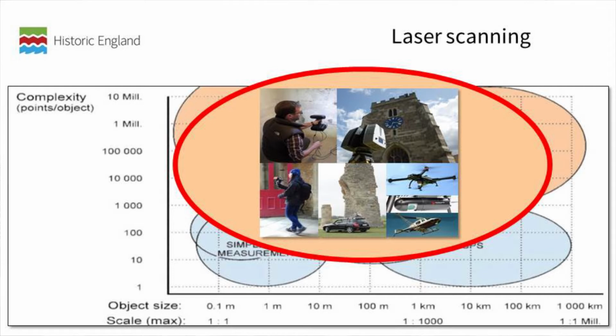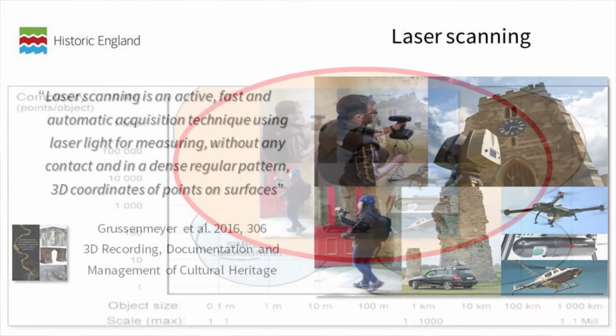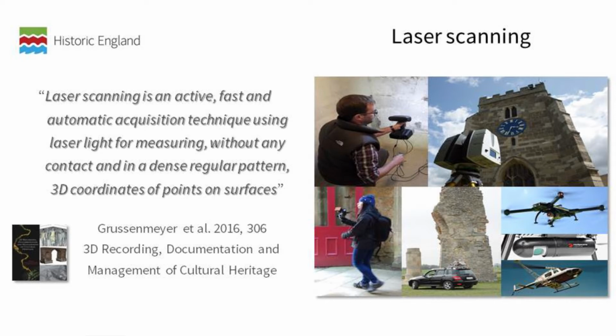So using basic trigonometry, the machine can calculate the 3D coordinates of the point it's measured. So there's a definition of it, which I won't bore you with by reading.